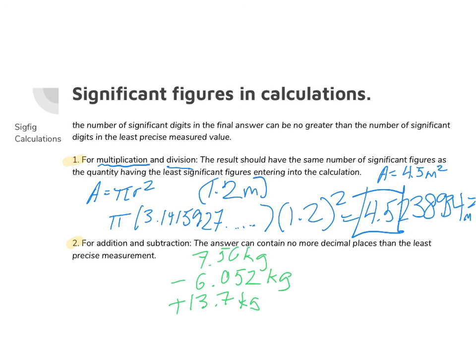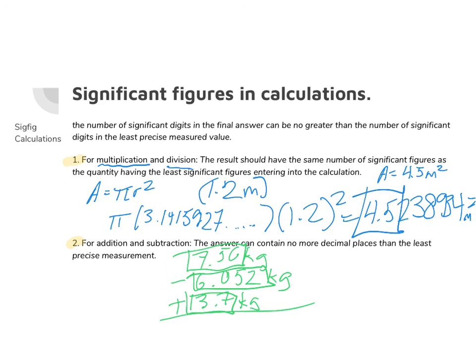So how many kilograms of potatoes do you now have, and how many significant figures? So if we look at our first measure in the grocery store, we have how many? 3 significant figures. Our lab scale, more precise, we have 4 significant figures. Our scale at home in the bathroom, 3 significant figures. Our answer can contain no more decimal places than the least precise measure.